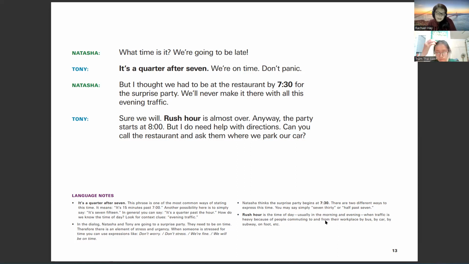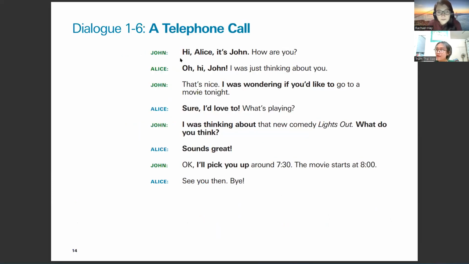So what form of transportation do you have in Vietnam? Do you have a subway or do you just have a bus? Do you have trains? What form of transport is popular in Vietnam? The popular transport in Vietnam is the motorbike and the car. Okay, a motorbike and a car. Good. In some cities, the popular one is the bicycle.